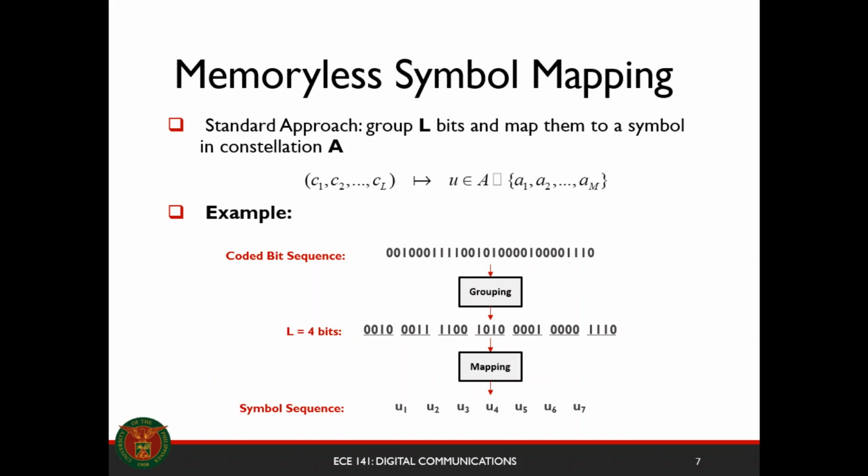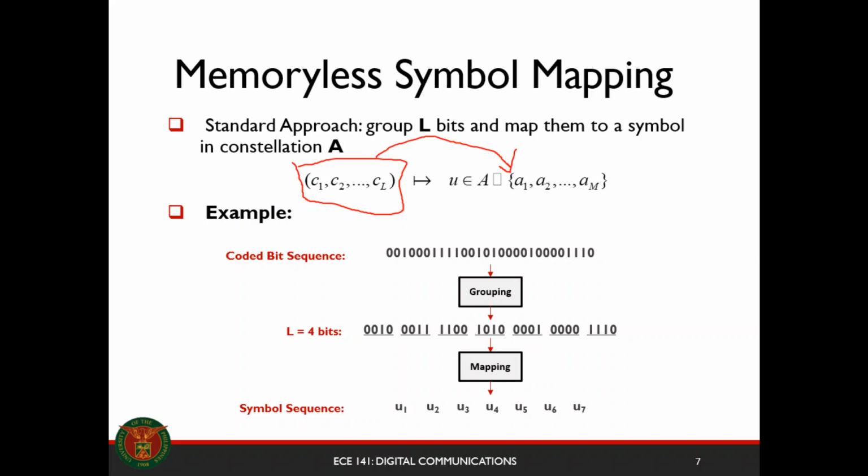This class of symbols forms the memoryless symbol mapping. The standard approach is you group L bits and then map them to a symbol in constellation A. So you map these L bits, each unique combination of bits, into different symbols.